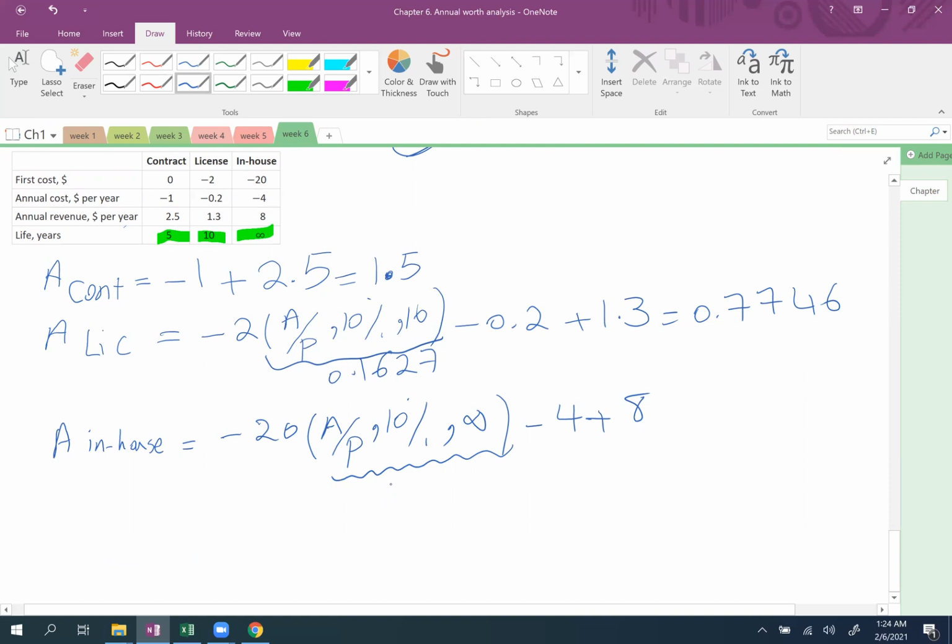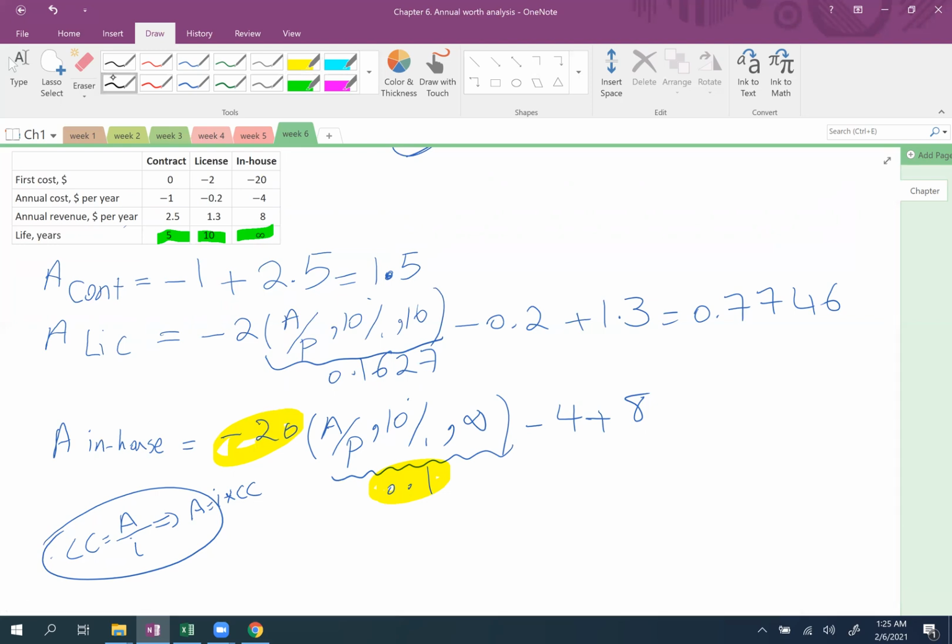It's equal to your i, which is 0.1. If you remember, we used to say capitalized cost is equal to A over i. Therefore, I can say A is equal to i times capitalized cost, which is the case over here. This is i times capitalized cost or present worth. So if you do the math, the answer for this one will be equal to 2.